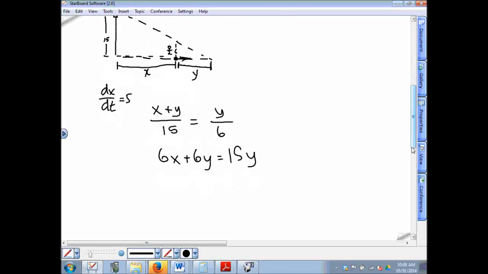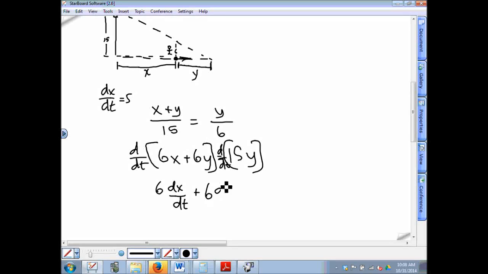So if we took a derivative with respect to time here, 6 dx/dt plus 6 dy/dt equals 15 dy/dt.